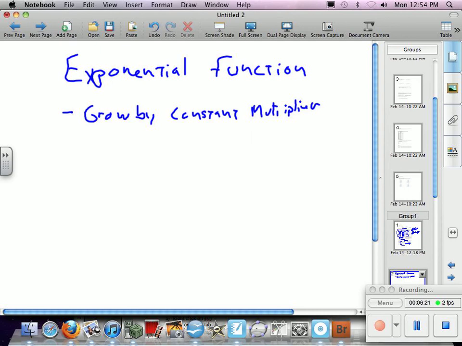And what that allows us to do is take any term and divide it by the previous term, which will give that multiplier.